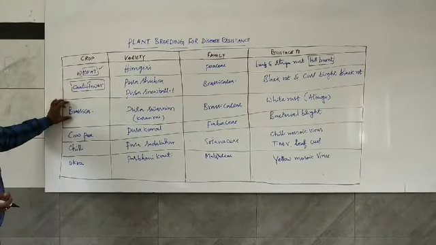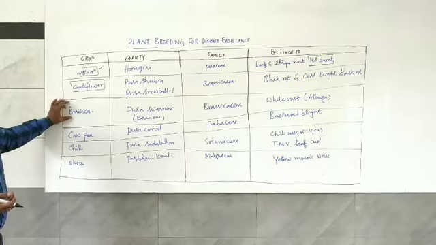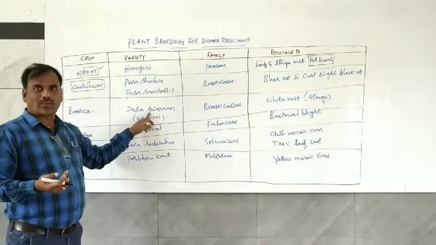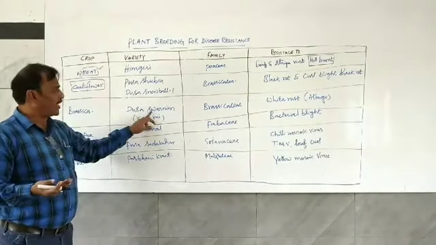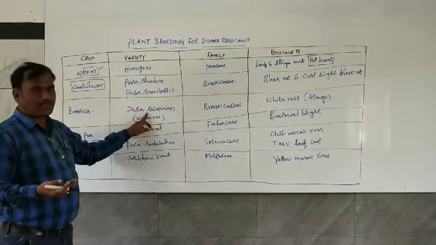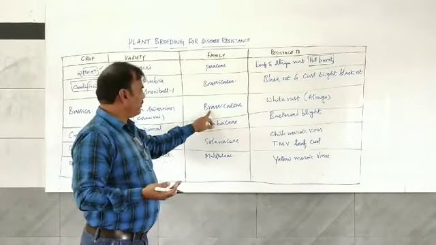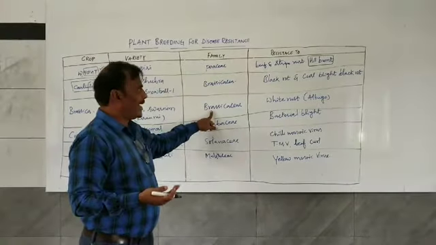So here, Brassica. Brass is a metal, and Swarnim is gold. Swarna means gold. Pusa Swarnim. These two are metals. So here, Brassicaceae family.